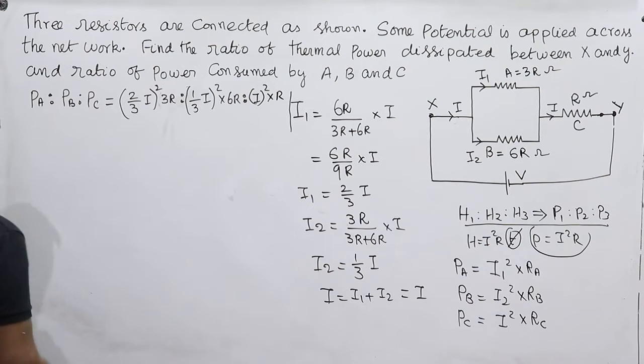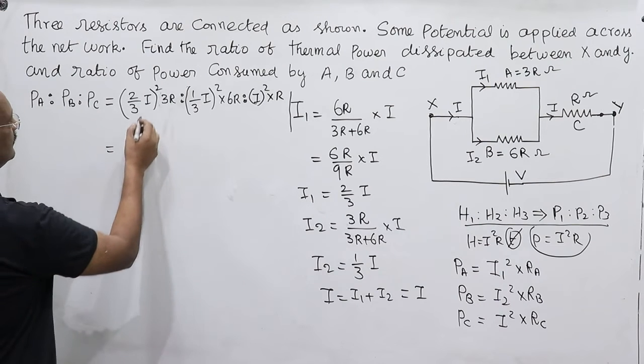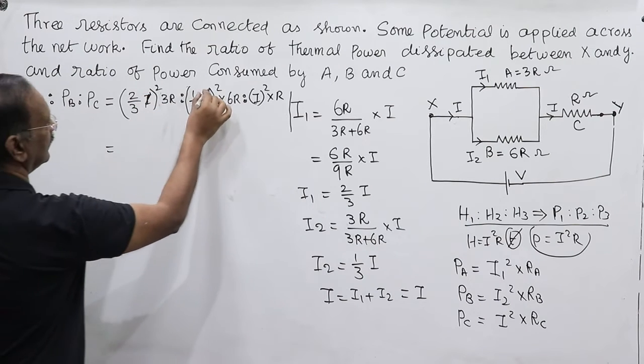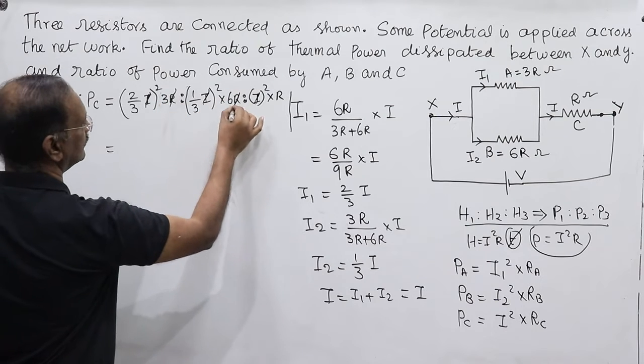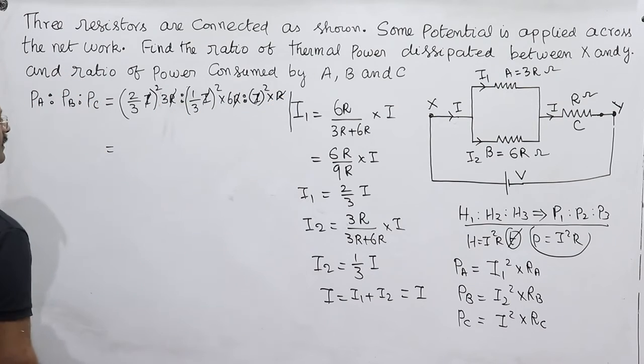This is the simple ratio. We can cancel out the common term I square, and R we can cancel out.